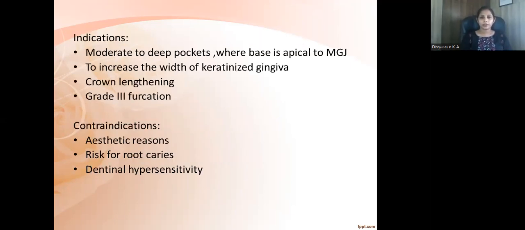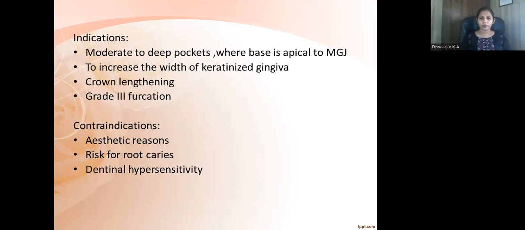So now, where is apically displaced flap surgery indicated? It is mainly indicated in moderate to deep pockets where the base of the pocket is apical to the mucogingival junction. This technique can also be carried out for crown lengthening, in management of grade 3 furcations, and for increasing the width of keratinized gingiva.